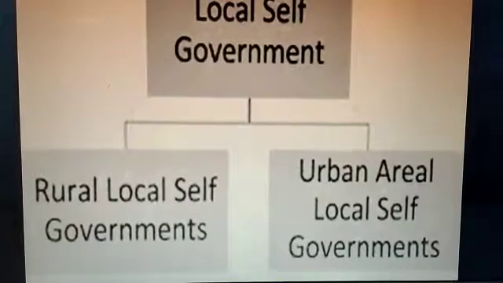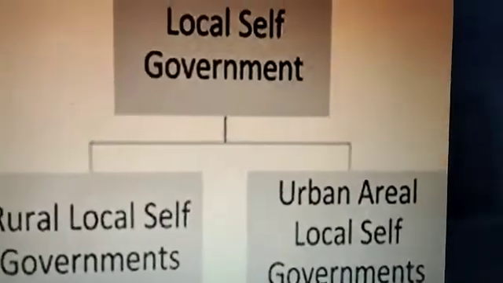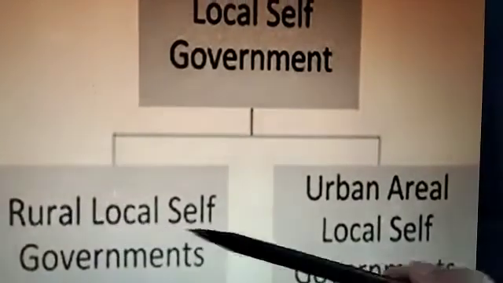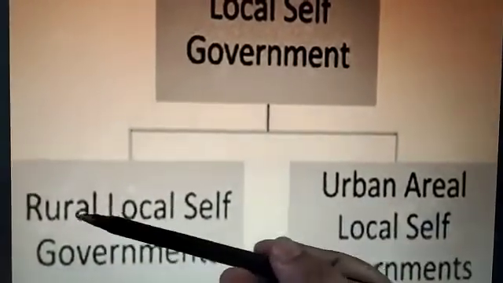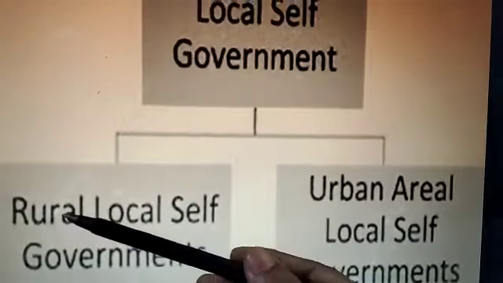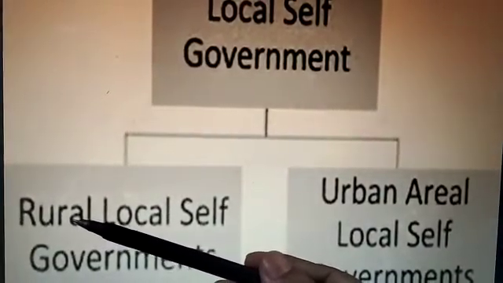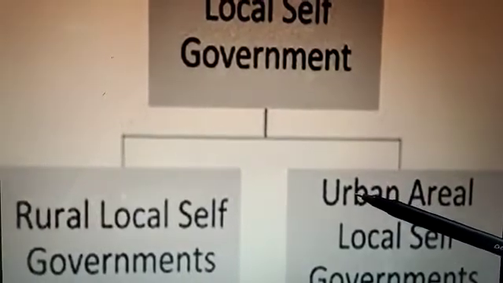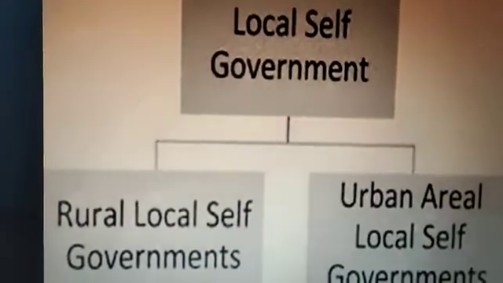So basically, local self-government can be found in two sectors, the rural areas and the urban areas. Rural can be constituted for villages and smaller towns. Urban can be constituted for bigger towns or cities.